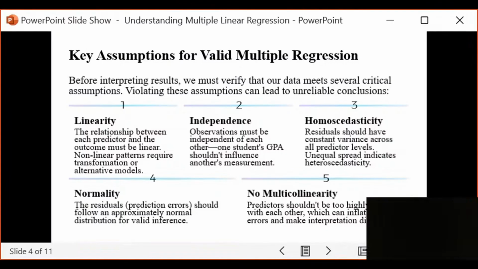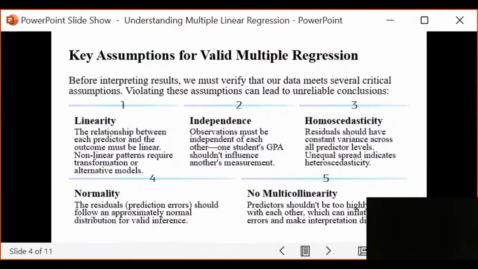So there will be confusion on which one is influencing the dependent variable. And again, you can check this in SPSS, particularly the variance inflation factor or VIF.